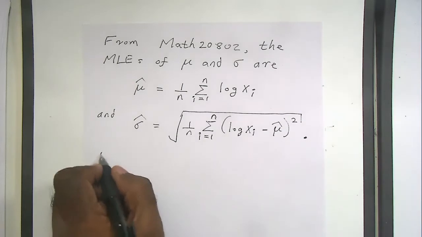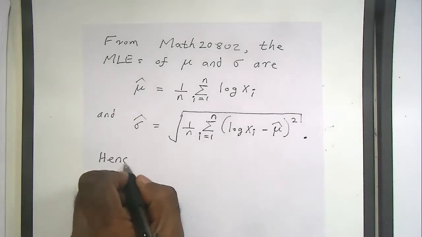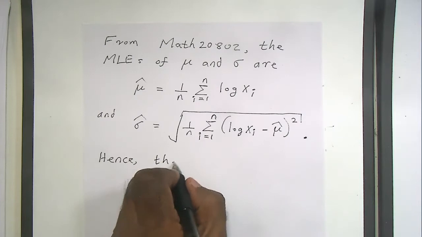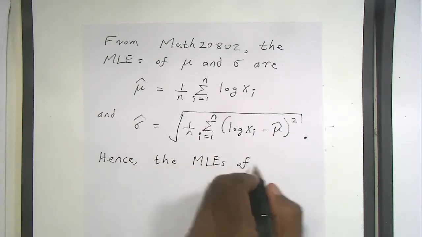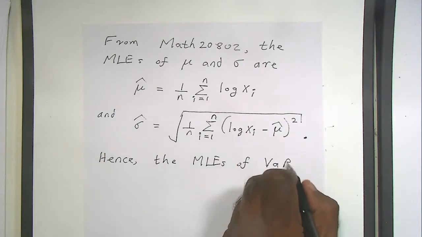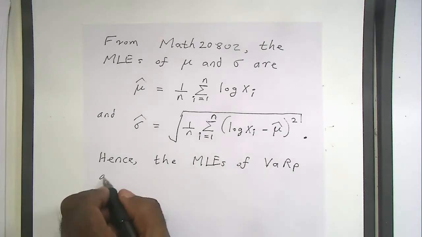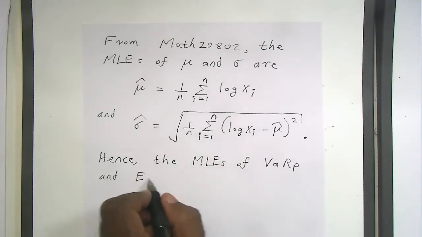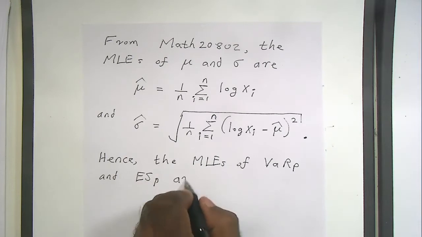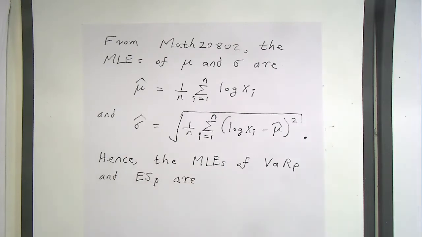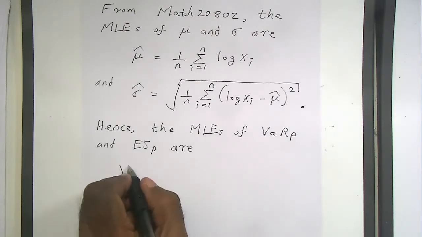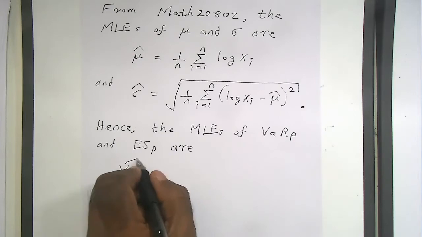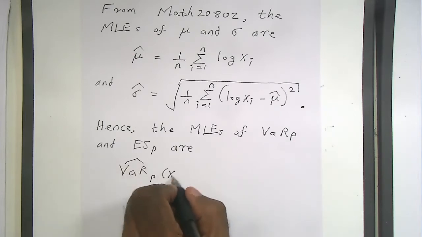So hence the maximum likelihood estimates for VaR and ES are as follows.